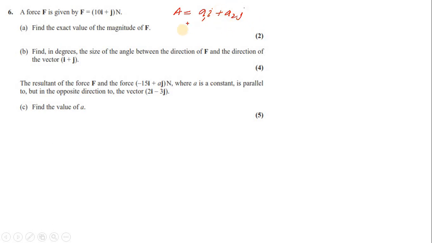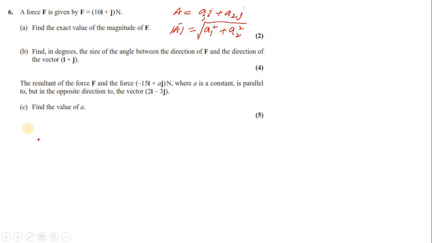you use Pythagoras theorem to find the magnitude. So the magnitude of A will be equal to the square root of the coefficient of i squared plus the coefficient of j squared. That's how you can find the magnitude.